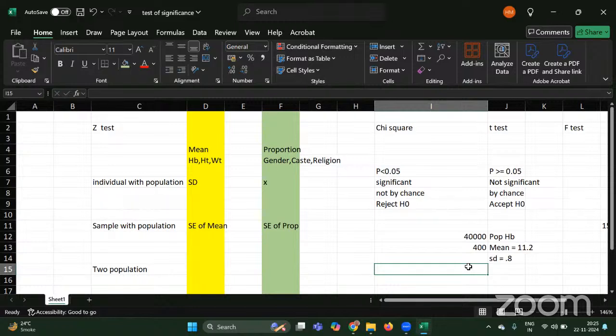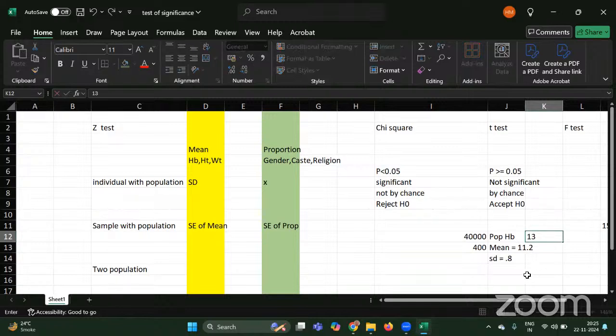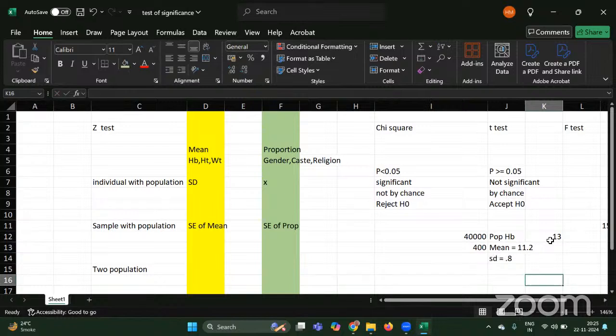Or if population mean is given, suppose it is given as 13 gram, and we want to find out whether this sample belongs to the population or not, or whether this sample is representative of this population or not, then again we can do 13 minus 11.2 divided by standard error of mean, and that will give you the Z. So you'll be able to find out whether this sample belongs to the population or not.